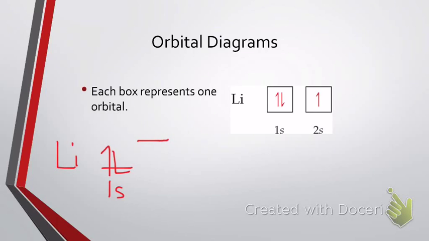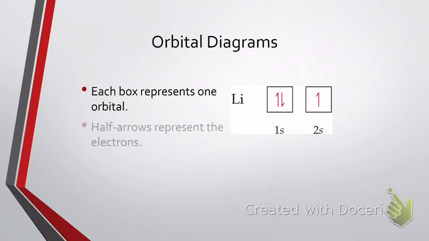Then we have the 2s orbital, which only has 1 electron in it. We use little single barbed arrows to denote an electron. This way, it also clearly shows that the 2s energy level is higher in energy than the 1s energy level. So each half arrow represents an electron.